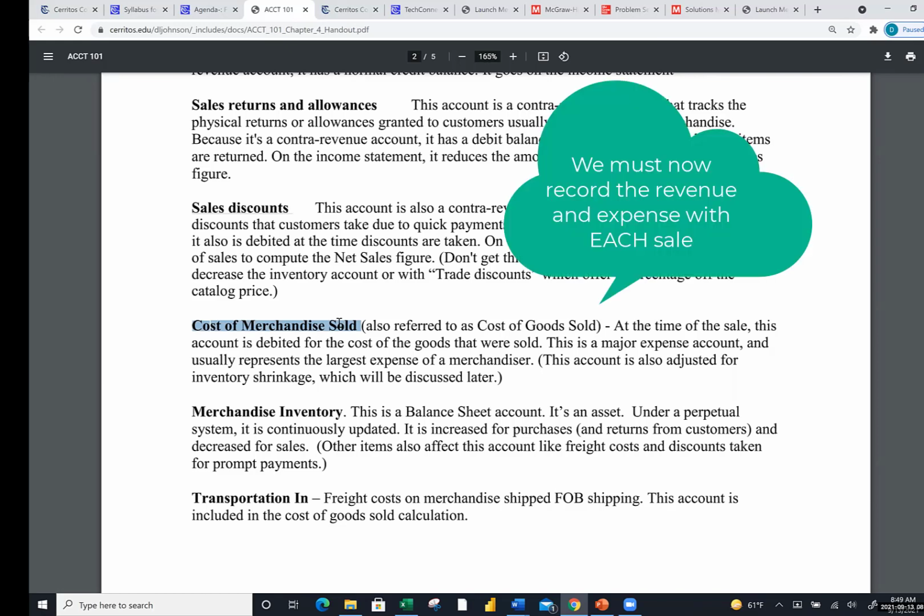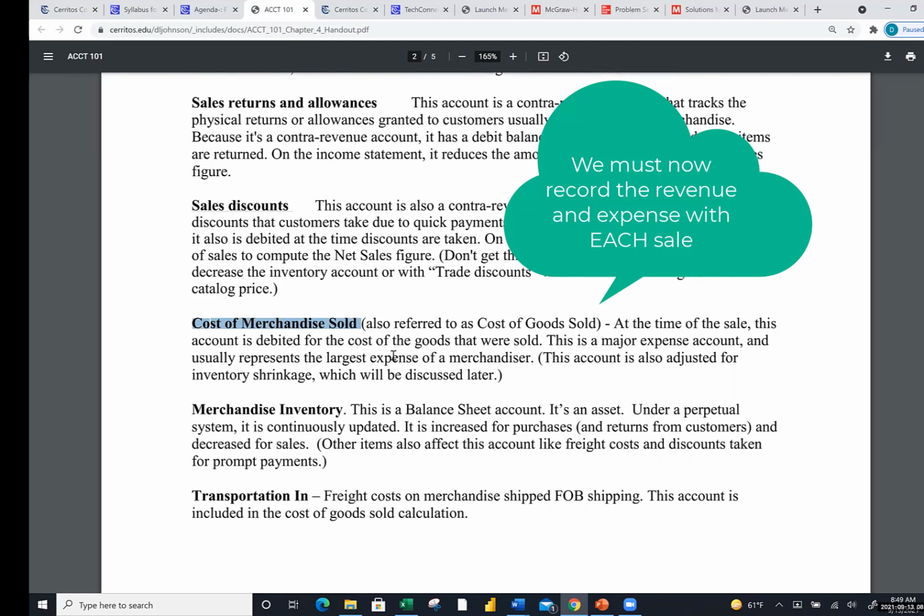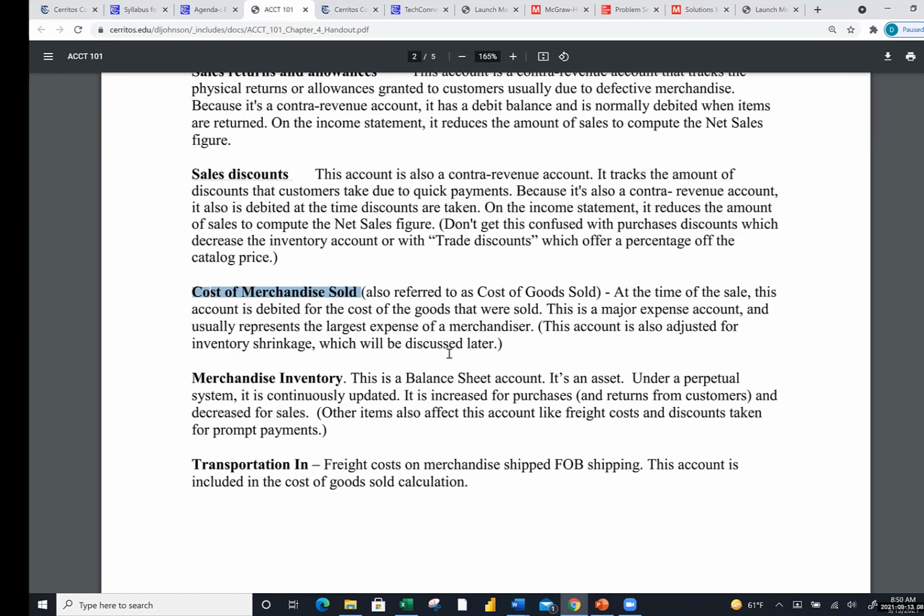The revenue's recorded like we're used to seeing, but the expense is also recorded. And the expense will be recorded, as we'll practice soon here, with a debit to this large expense account called cost of goods sold, and a credit to that asset account called merchandise inventory.